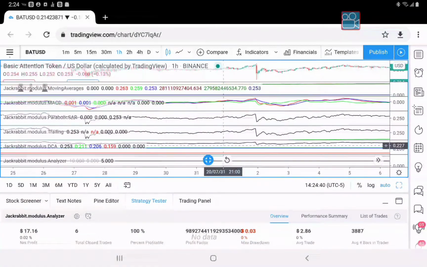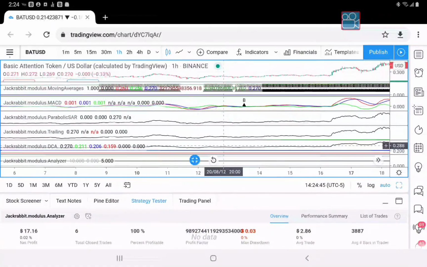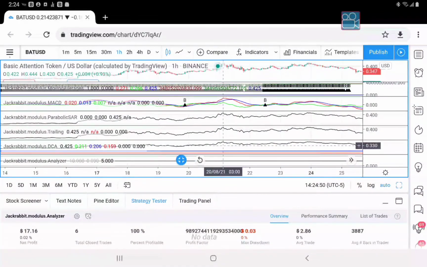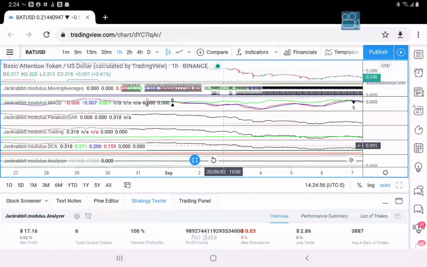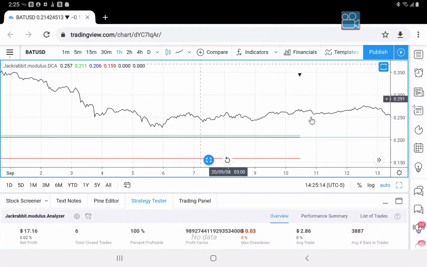So this is a case where it is simply waiting for the perfect opportunity. Okay, we're already into September, and finally, after all that time, it had the right opportunity. Now, are there better opportunities along the way? Yes, there are. But still, this is nothing to sneeze about.